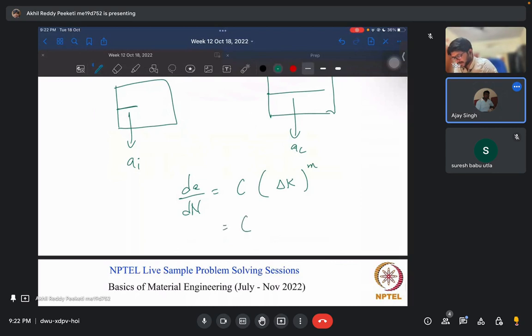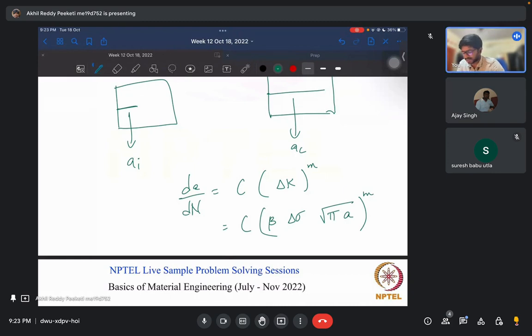Delta K is basically beta delta sigma root pi a. We know that the stress intensity factor K is beta sigma root pi a, right? So delta K is when you have this changing stress, delta sigma.